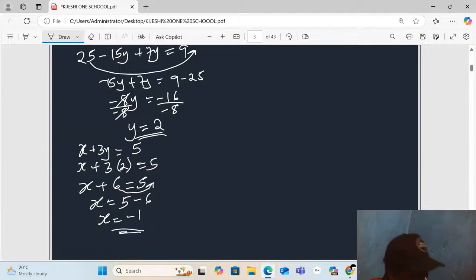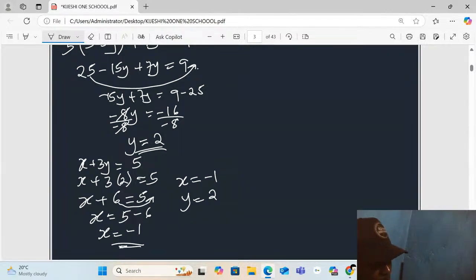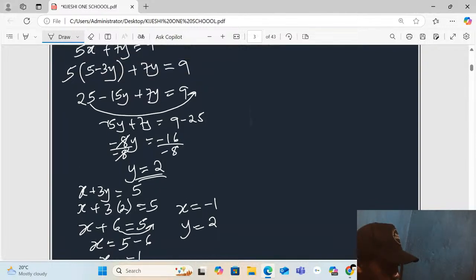So x becomes negative 1 and y equals 2. That is the way we solve the simultaneous equations.